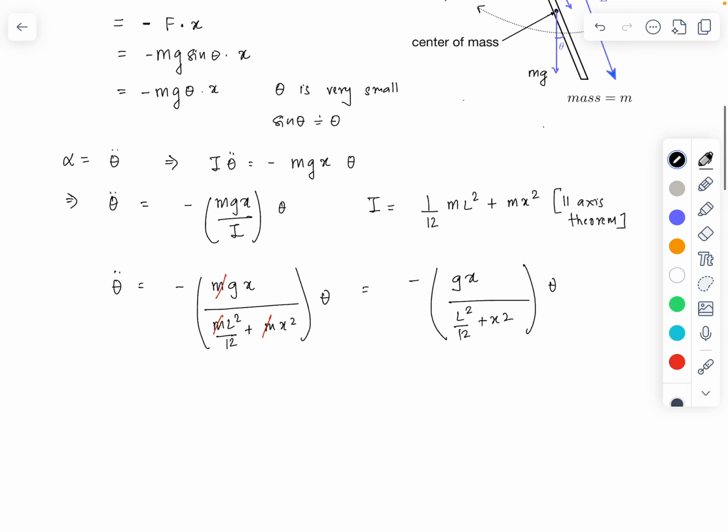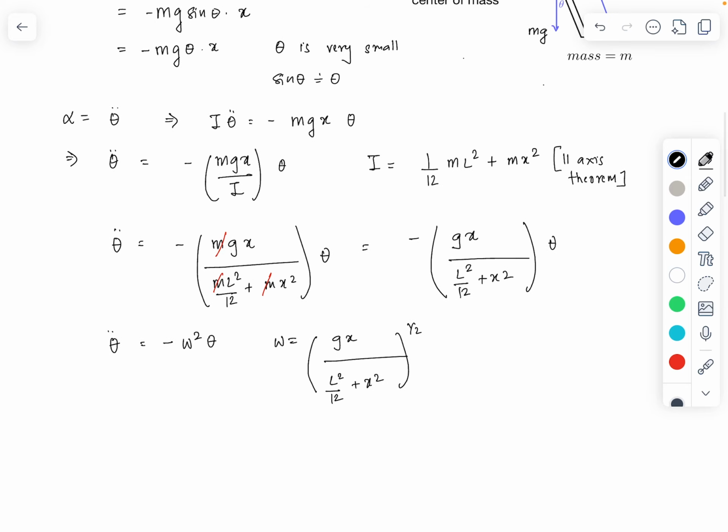Now we know that theta double dot equals minus omega squared theta. Therefore omega equals the square root of gx divided by (L squared divided by 12 plus x squared). And we know that omega, the angular speed, is 2 pi radians divided by the time to traverse 2 pi radians, and T is the time period.